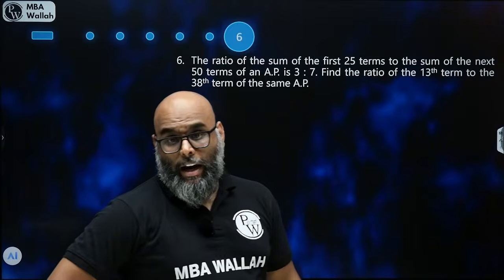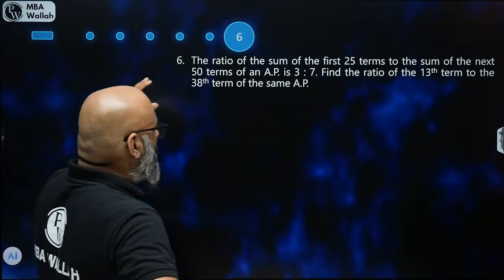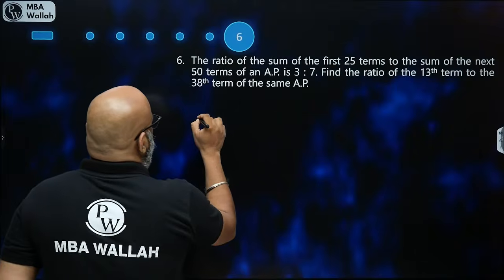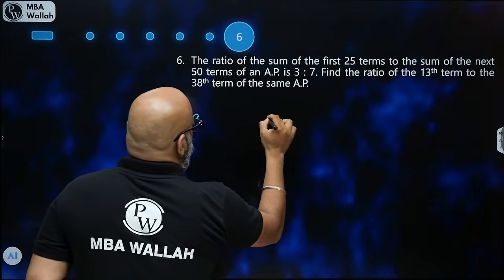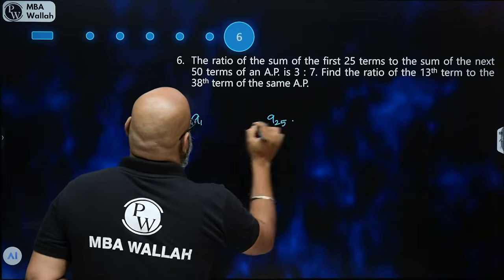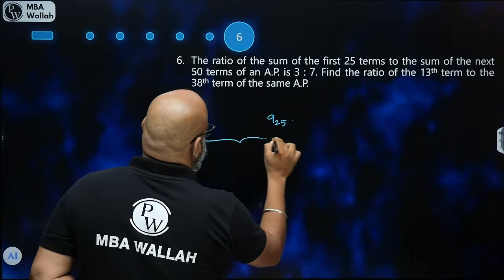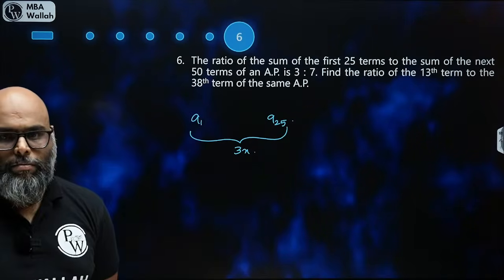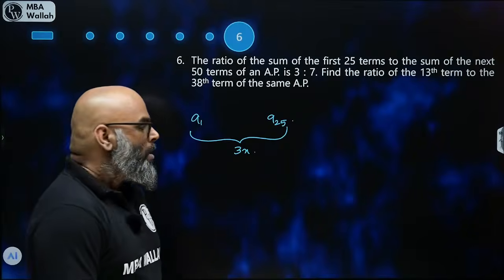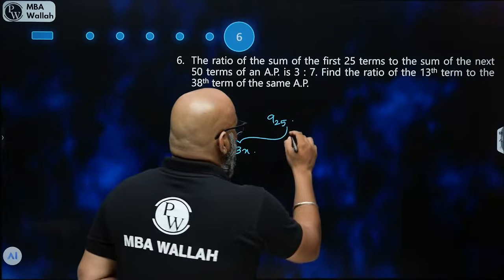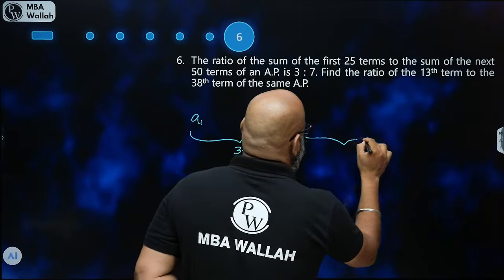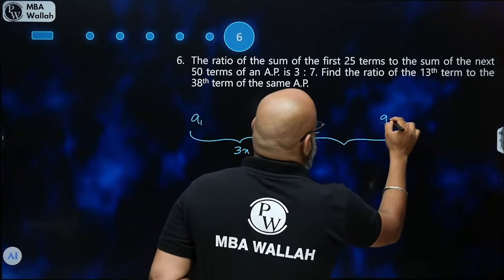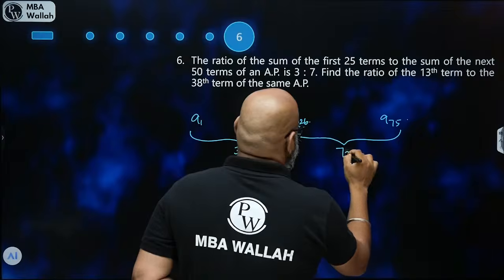So what I'm going to write here is, I want to think about this entire aspect as first term A1 to A25. Sum of all of this, I'm going to call it 3x. Right? I can write it this way. Now, from A26 to A75, this is 7x.